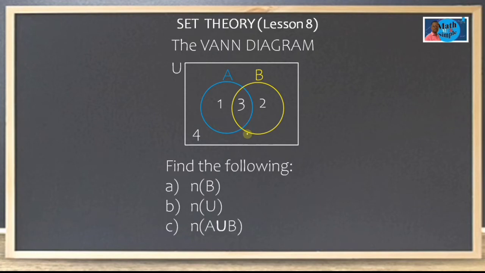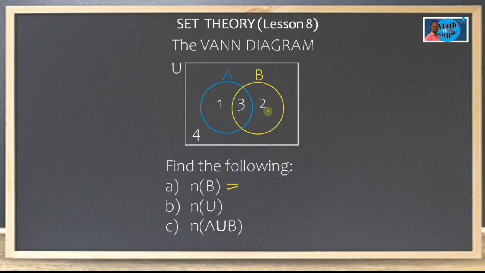So what do these regions actually represent? Let us find the following. A, n of B, that's the number of members of set B. B, the number of members in the universal set, and C, the number of members in A union B. So the number of members in set B, what would that be?